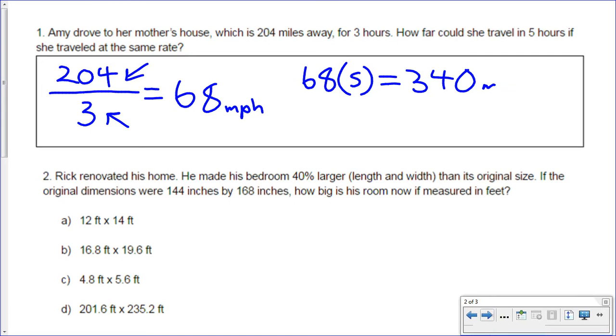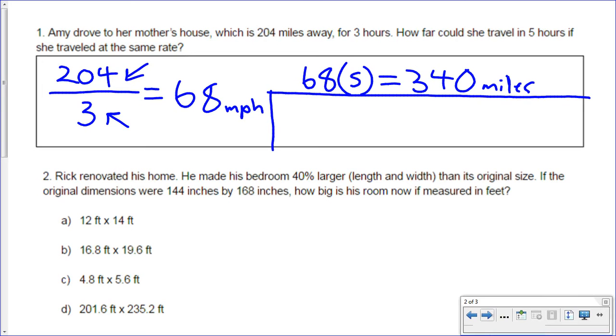So 340 miles in 5 hours. So that is kind of the common sense way to solve the problem. You just figure out the rate that Amy is traveling, and then you say, well, she travels that rate for 5 hours. So there's another way, and I'll show you.